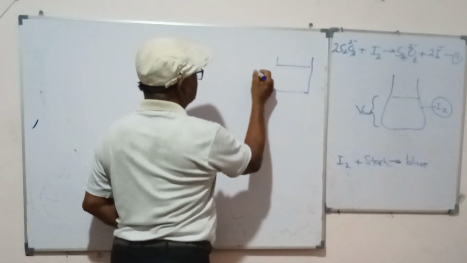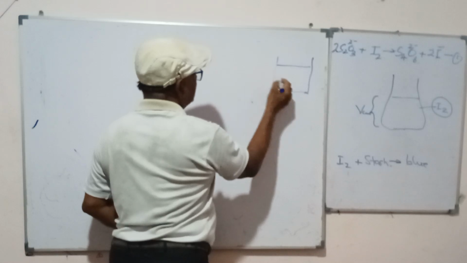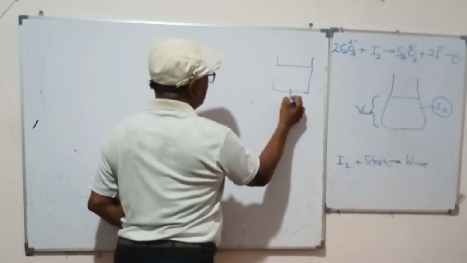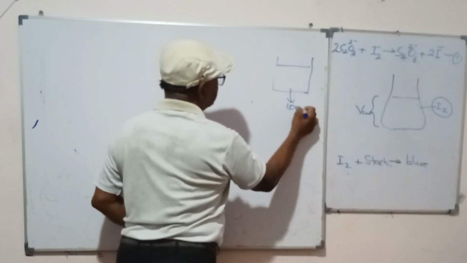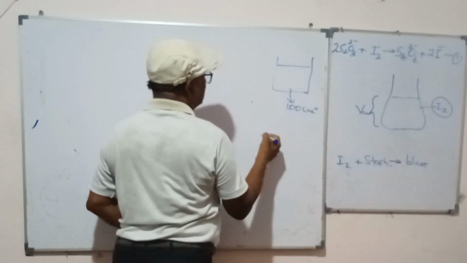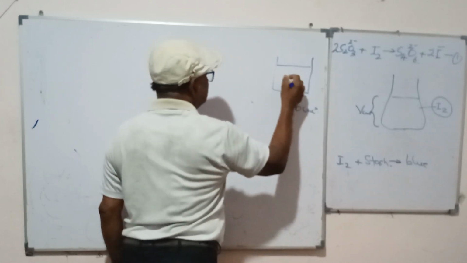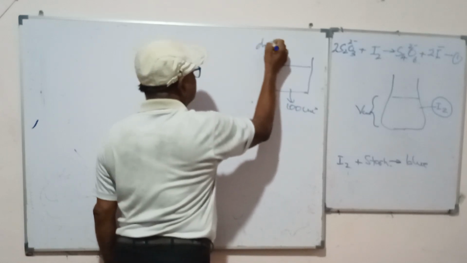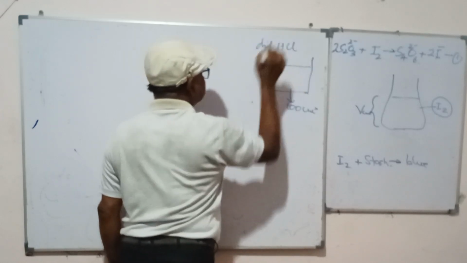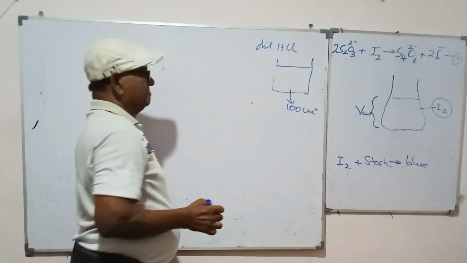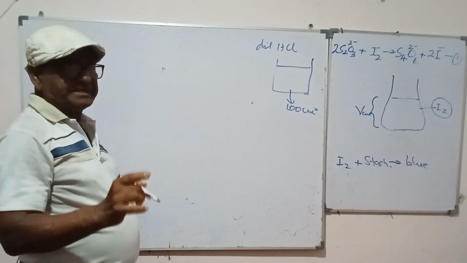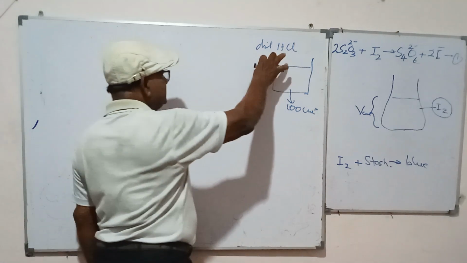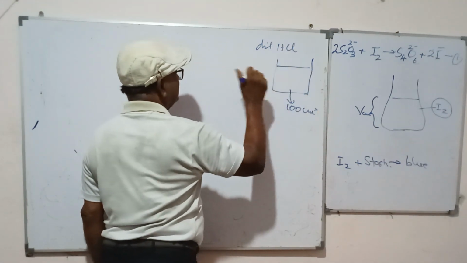The volume is 100 cubic centimeters. If we assume it is dilute HCl, then we are going to determine the concentration of this solution.